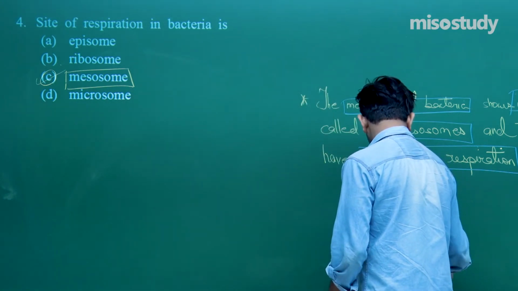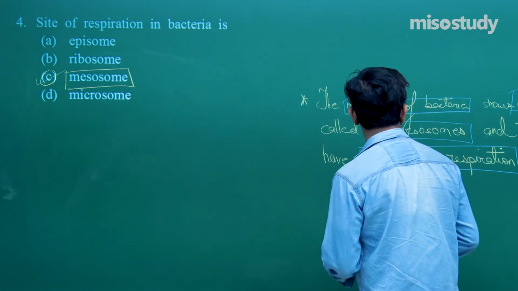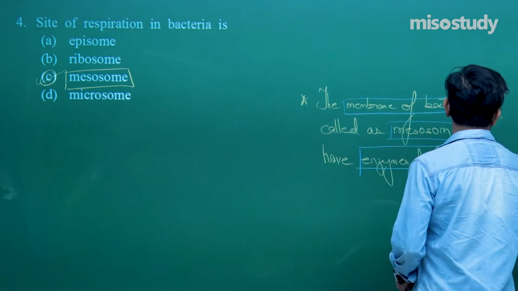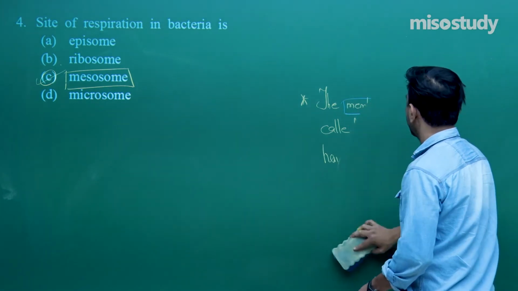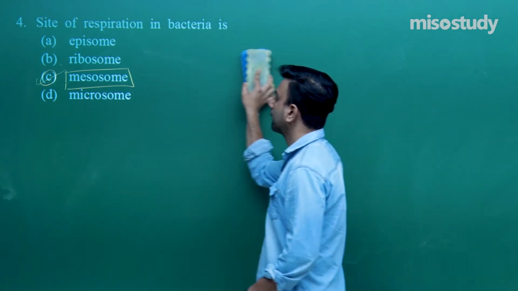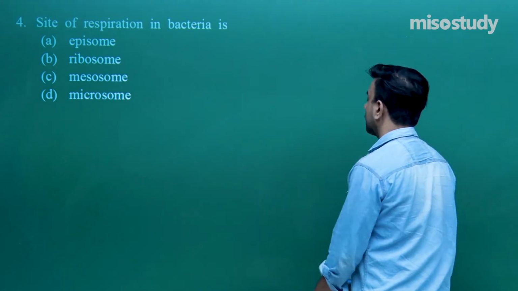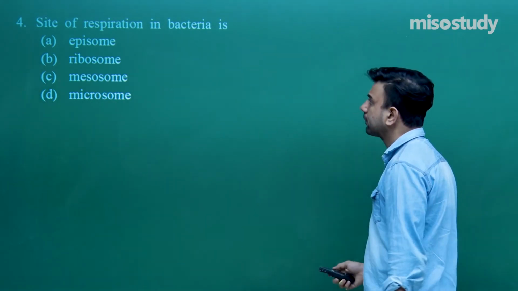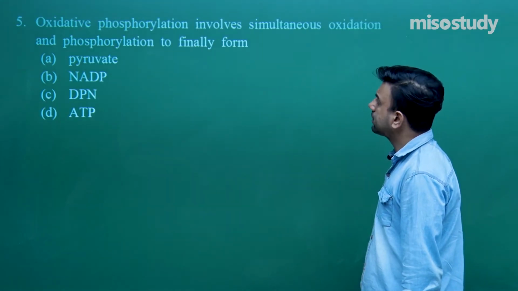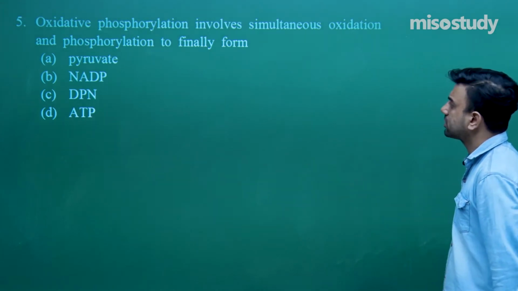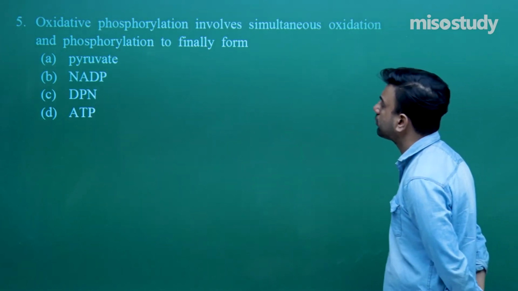Now we move on to the next question. Oxidative phosphorylation involves simultaneous oxidation and phosphorylation to finally form what?